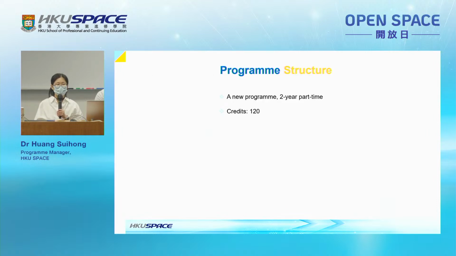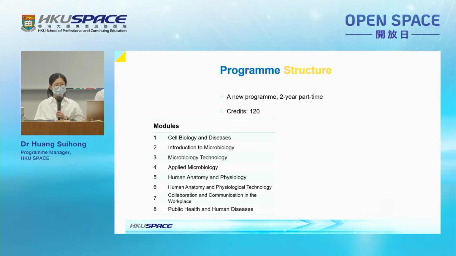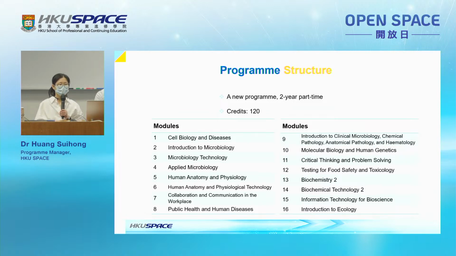Regarding the program structure, like the first one, it's also a 2-year part-time program with 120 credits and has 16 modules as well. Most of them also focus on the core biology subjects, like cell biology and further study in biochemistry, physiology, and ecology, etc. There are also more applied and specialized modules, like applied microbiology, public health and human diseases, introduction to different specialties in medical laboratory science.